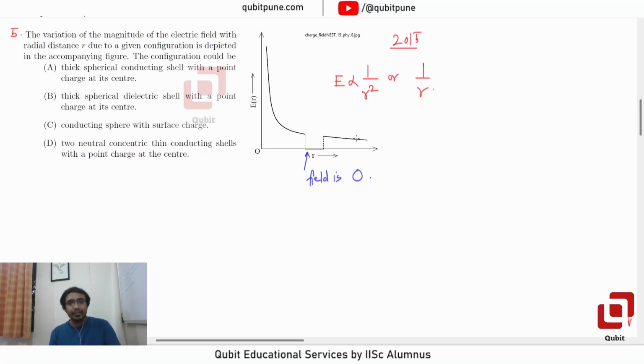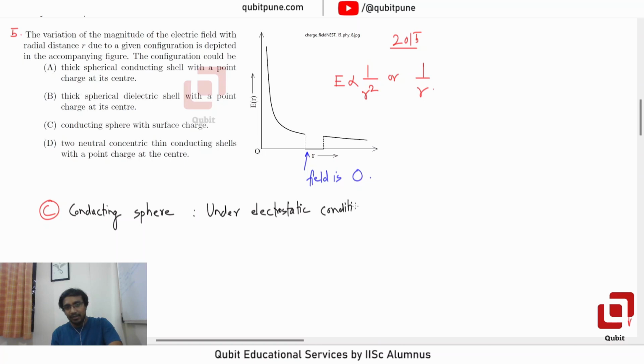Let us use the elimination method to solve this MCQ. Let us first argue why C is not right. If we have a conducting sphere under electrostatic conditions, what does Gauss law tell us?